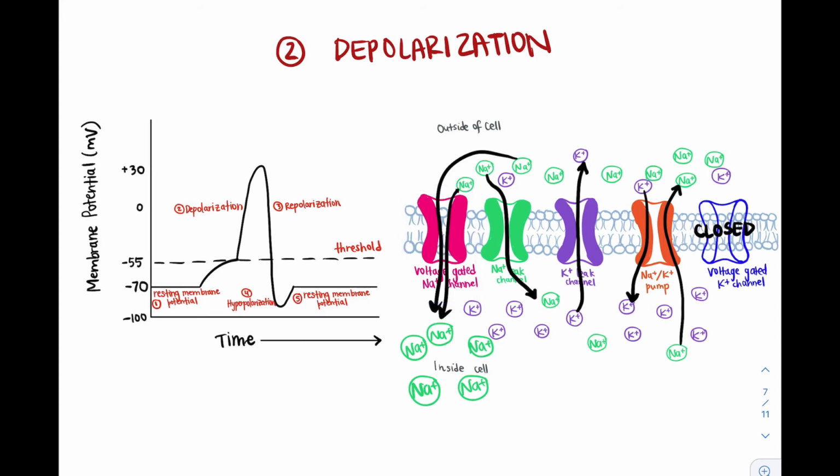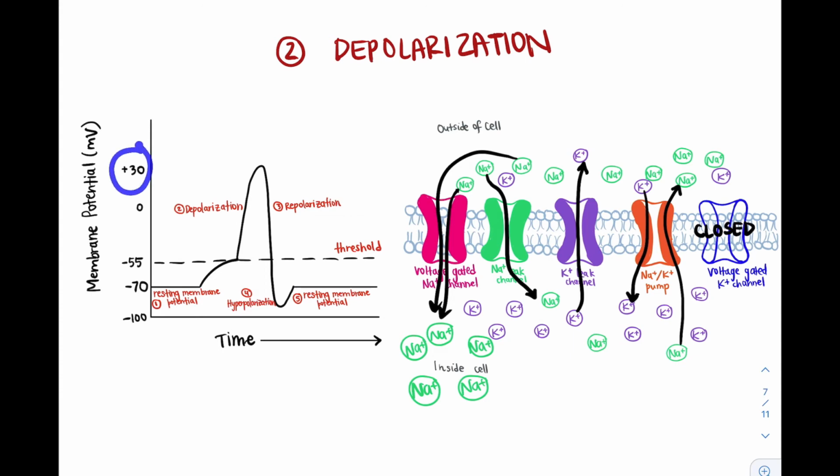Voltage-gated means that they only open when there's a change in the membrane potential. So when these channels open, sodium ions are going to rush into the cell. And since you're bringing so much positive charge into the cell, the electrical charge inside the cell is becoming more positive. So this is called depolarization.